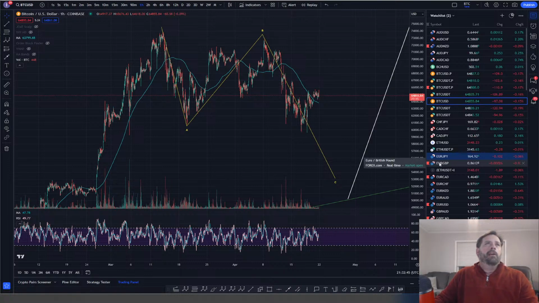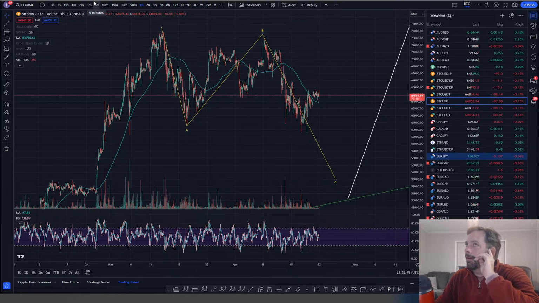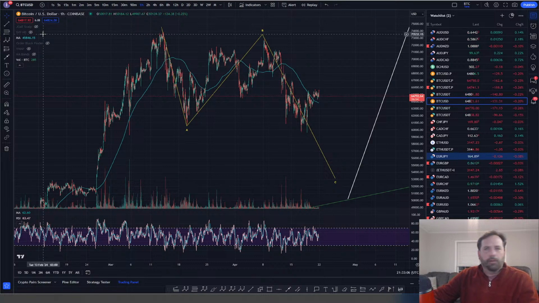All right, guys. Don't forget, I'm not a financial advisor. Just here to show you what I think the market looks like from an Elliott wave perspective. I'm not a moon boy, not a bear boy. Just showing you what the waves might do and what they often do. Wave structure analysis is an important part of technical analysis. It's not the only piece of it.